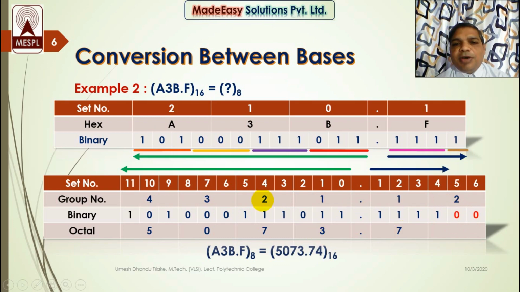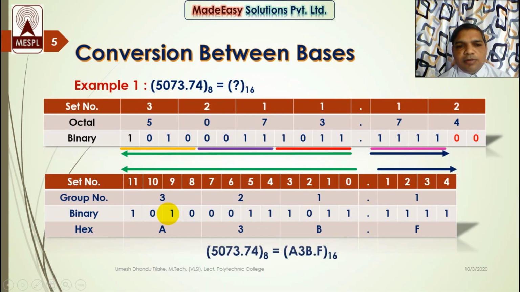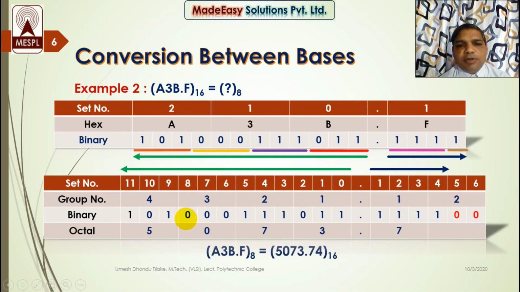Now refer to the table and write down the octal equivalent of each group. So 101 binary is equal to 5 in octal. You can refer to the table. I have placed over here 5. Then 000 binary is equal to 0 in octal.